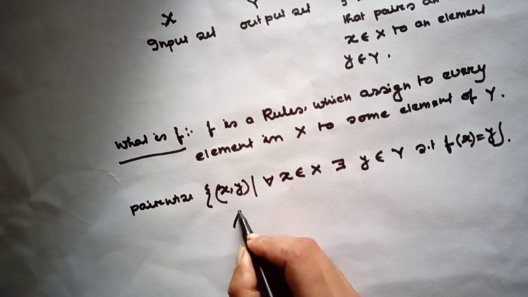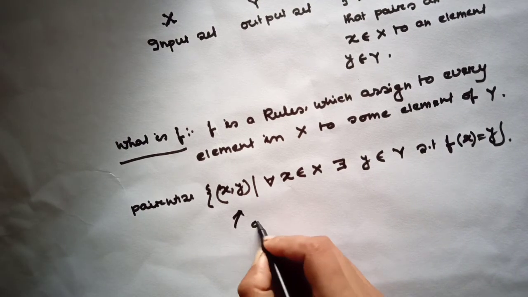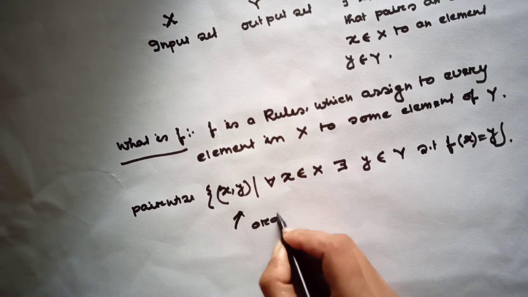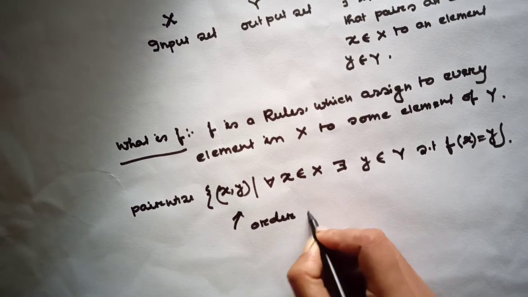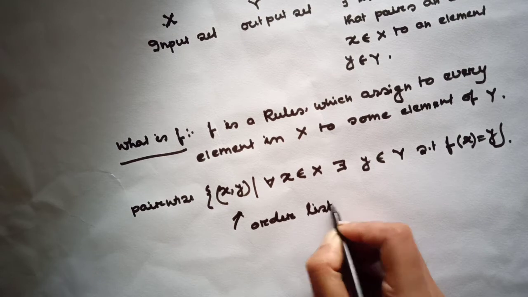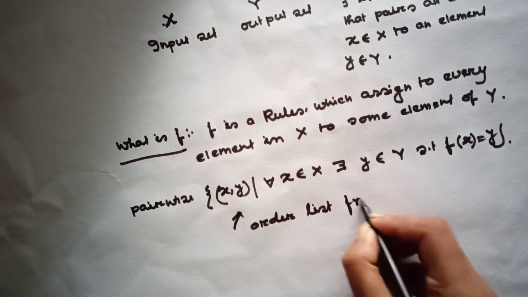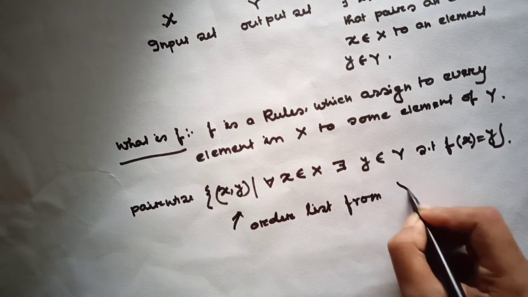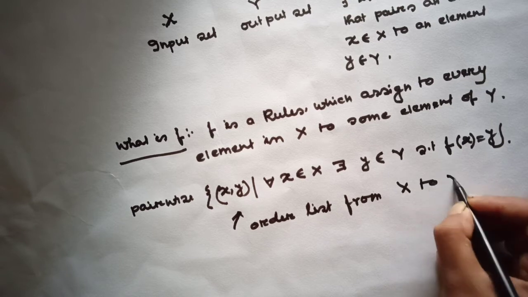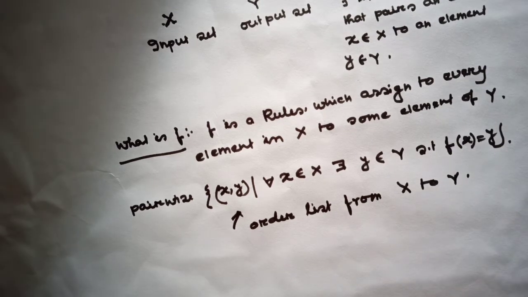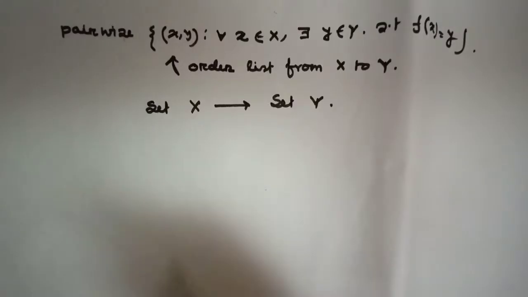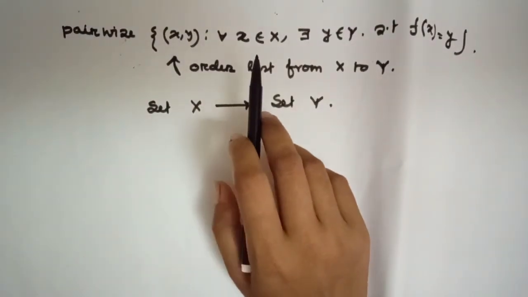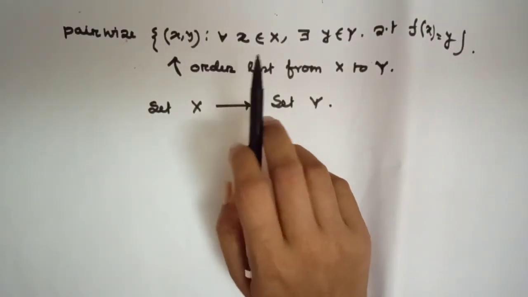And this is the ordered list from x to y. Have you understood? Okay. We need an example to understand it better.